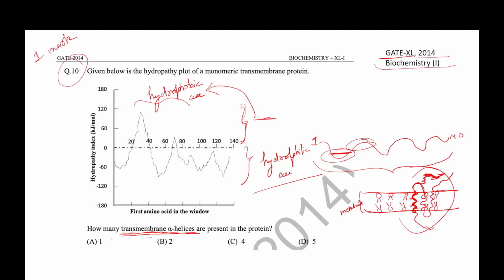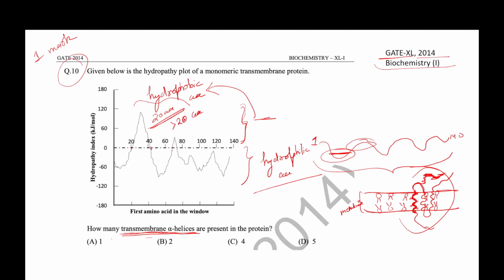Here we can see two transmembrane alpha helices could be present, but if we see the distance properly, from 20 to 40 amino acids is a hydrophobic stretch, so about 20 amino acids. Here it is very less. For an integral alpha helix to be part of the membrane, it needs at least 20 or more amino acids.